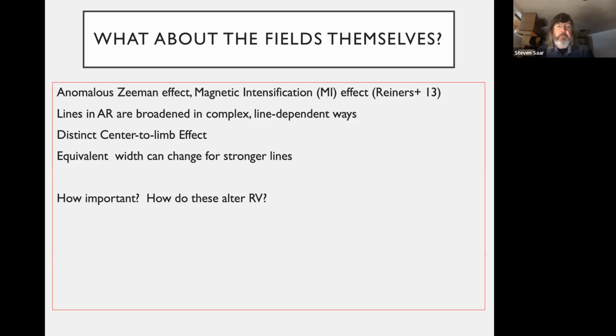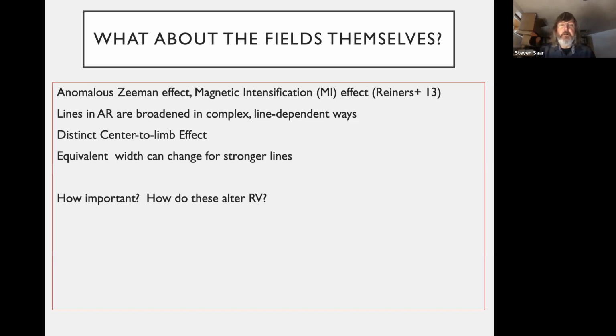The Zeeman effect broadens lines in active regions in complex and line-dependent ways, depending on the particular Zeeman splitting pattern that the line has. Magnetic fields have a distinct center-to-limb effect.